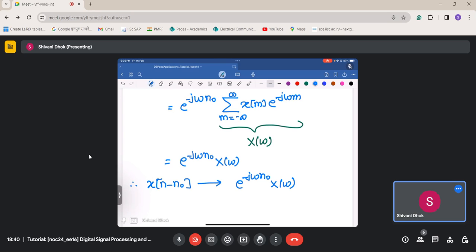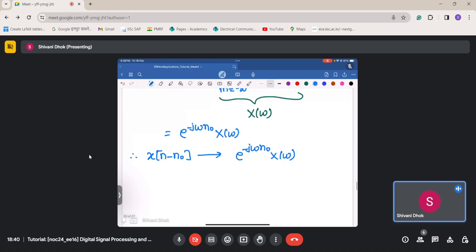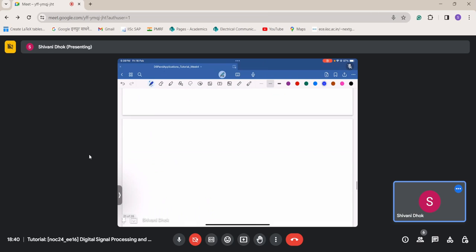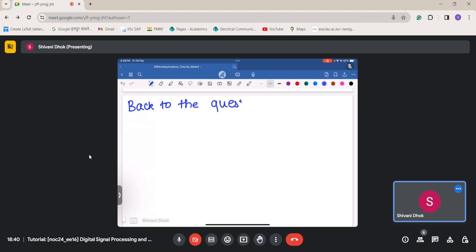In our question, we are given x of n is equal to 2 by 3 to the power n into u of n plus 3.